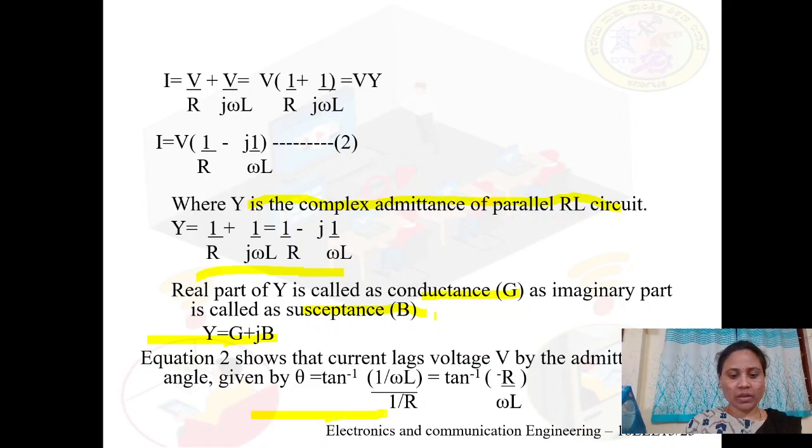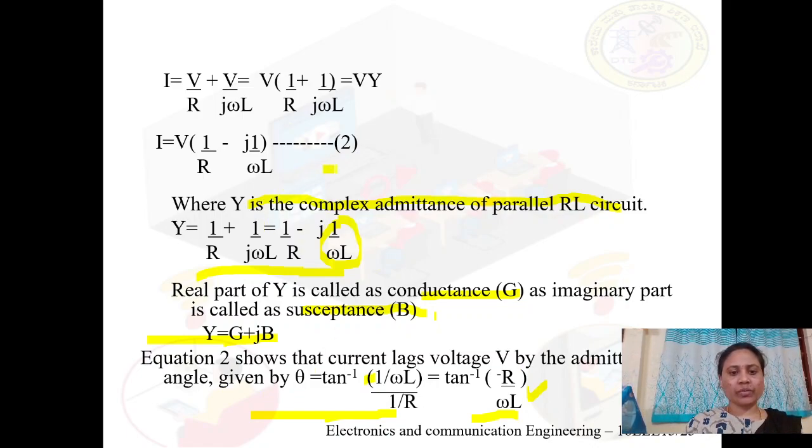Therefore, theta is equal to tan inverse of the imaginary part, 1 by omega L, which should be minus, divided by 1 by R, which can also be written as tan inverse of minus R by omega L. So, the phase angle for this complex admittance is negative. Therefore, current lags the voltage by an angle of theta.